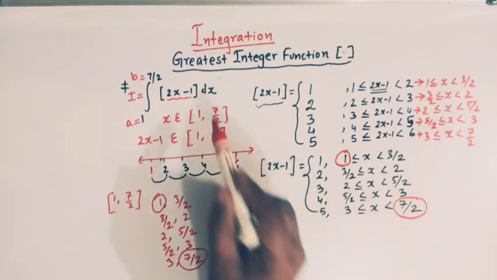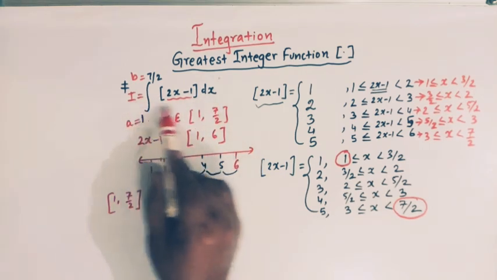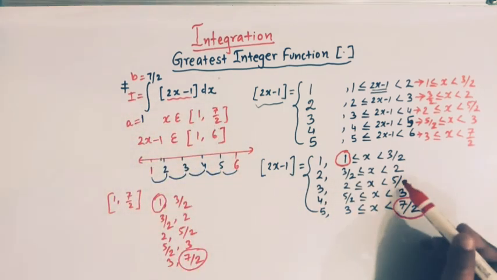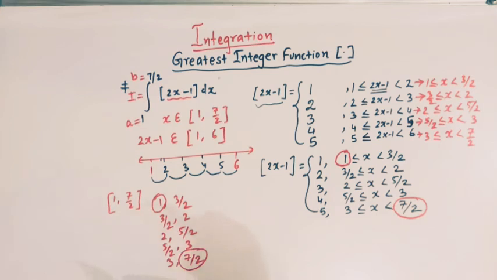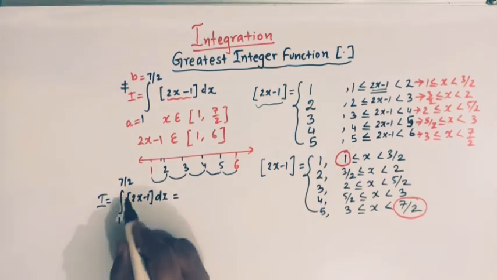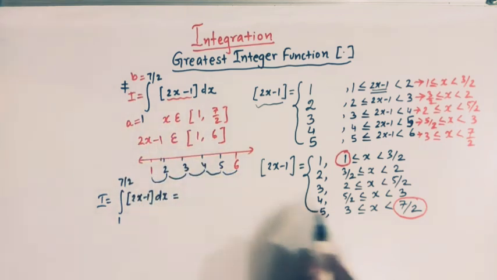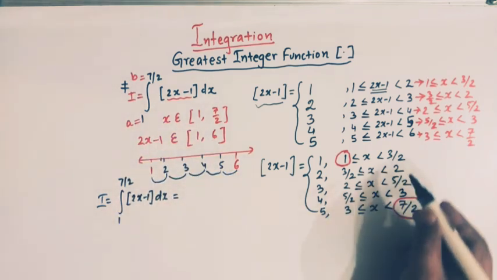So now let us write this integral as a sum of 5 integrals by using the additive property. So now this integral I can be written as the sum of 5 integrals.